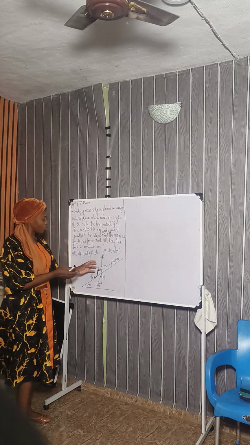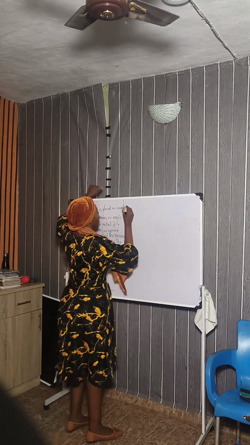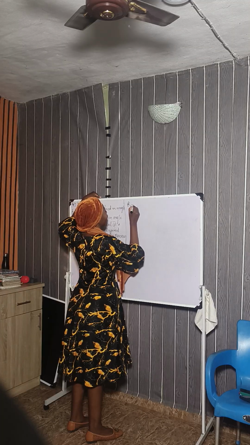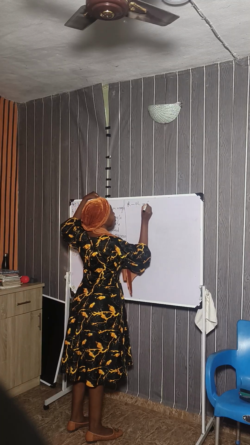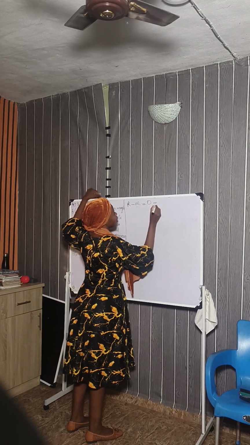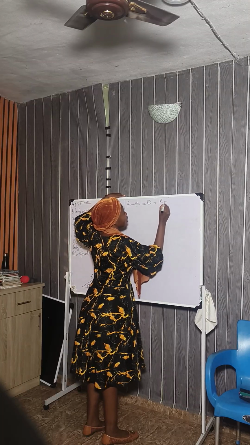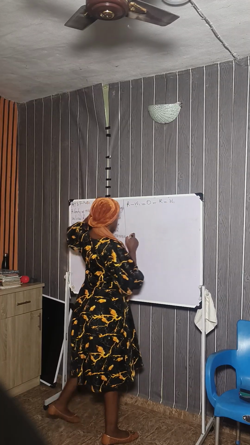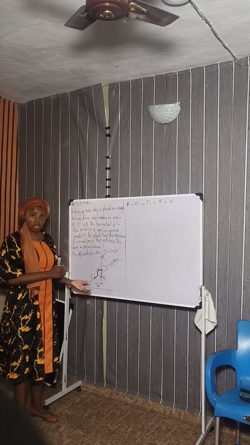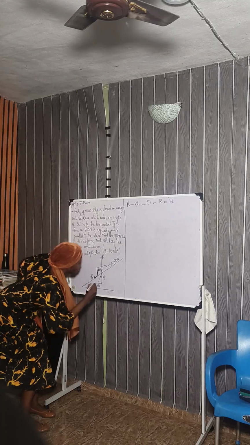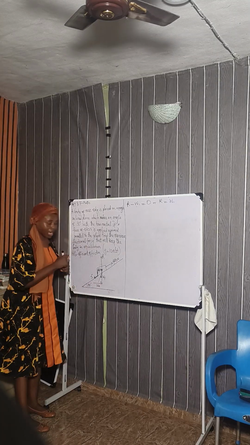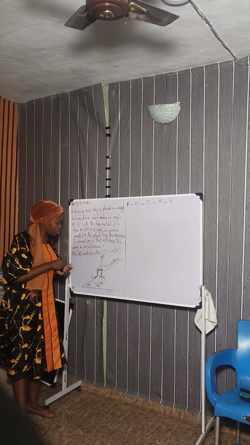So for this body to be in equilibrium, that means that R minus W1 is equal to 0, or we say that R is equal to W1. So resolving this first, going to maths, trying to resolve this. This is a right angle triangle, so we can apply our trig ratio.